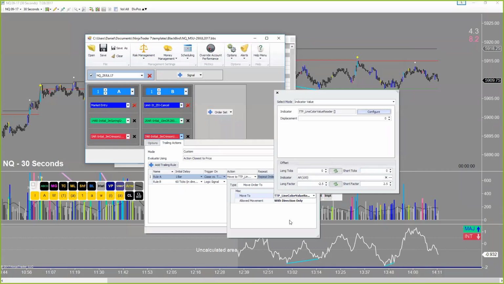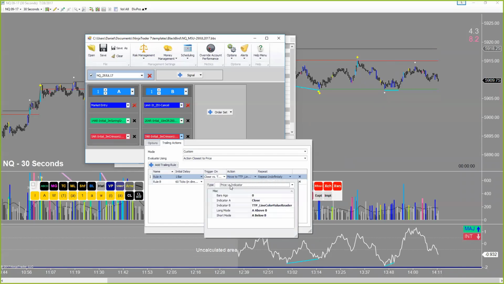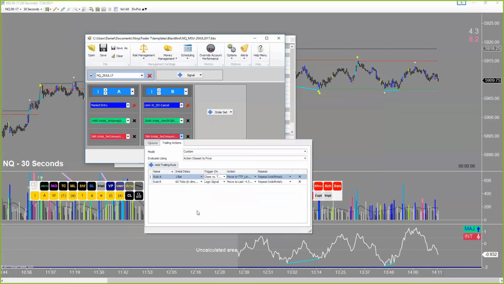Then it's going to offset that by 2.5 average ranges, and it's only going to move in favor of the trade, with the direction of the trade. This is the one that's looking for, do we have a crimson line on the 3-minute chart? If so, initiate the trail.